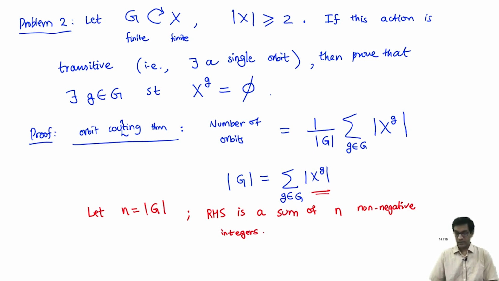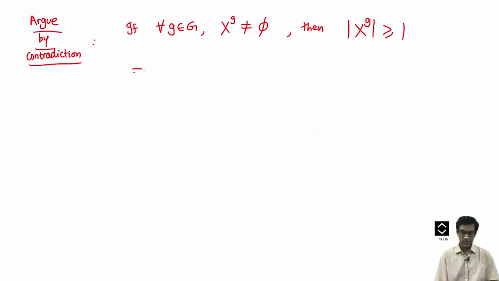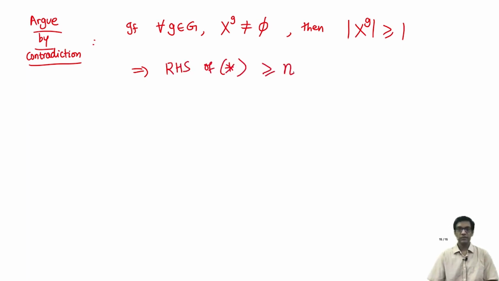And since there are n terms on the right hand side, the right hand side of equation star will automatically be at least n, because every summand contributes at least a 1. But recall the left hand side is exactly n, the cardinality of the group.